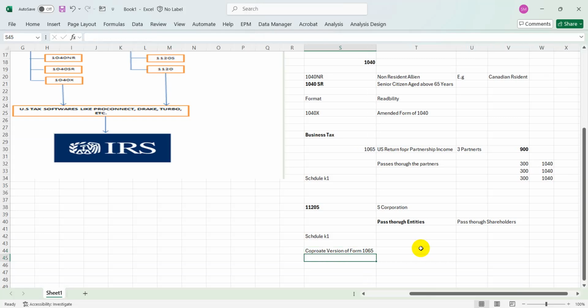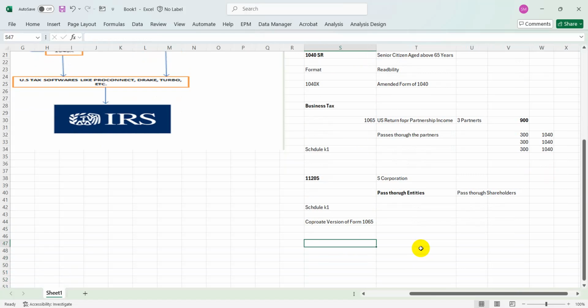Now the last one is the 1120 form. Only 1120, not 1120S. What is meant by this? This form is basically for a C corporation. What is meant by C corporation? This will be charged tax both at the corporate level as well as the individual level.